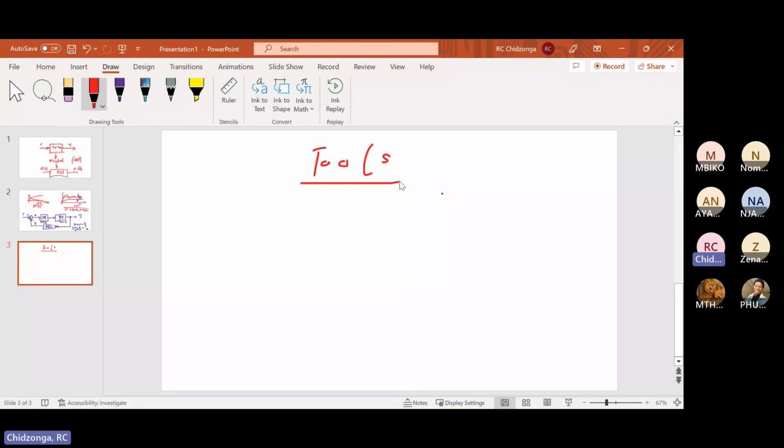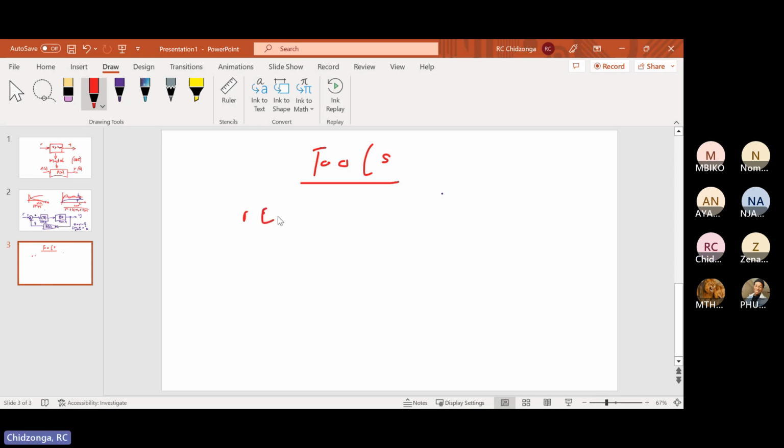So what does a control practitioner or a control engineer have? He or she also has to have tools of the trade, tools to be able to model the system. We have already seen the Laplace transform. We have seen the frequency domain. And we also have seen the analysis tools like the root locus.